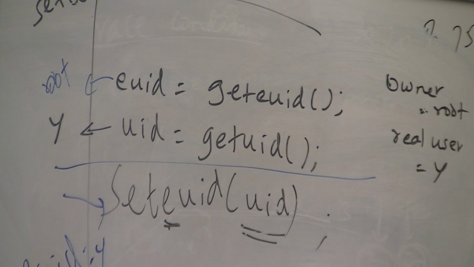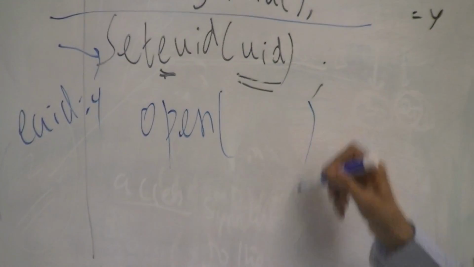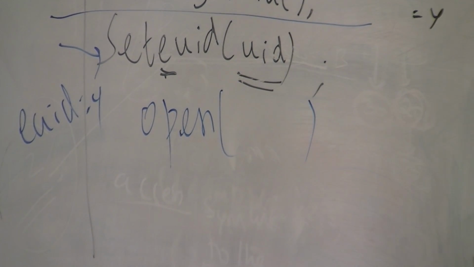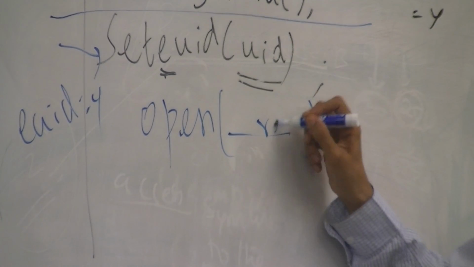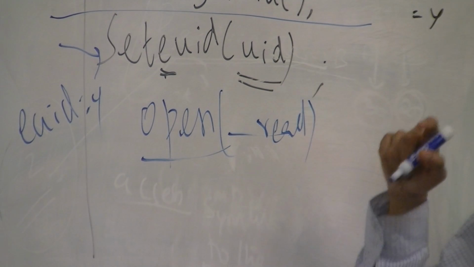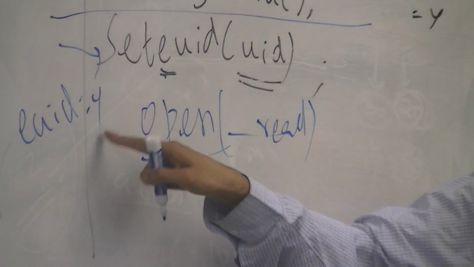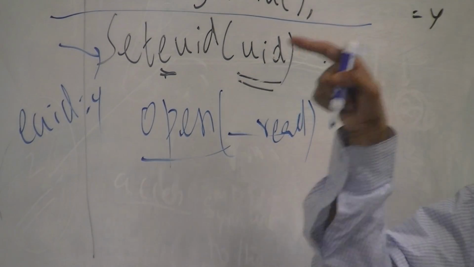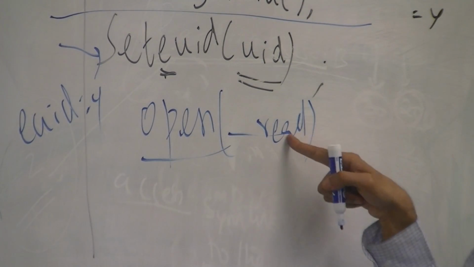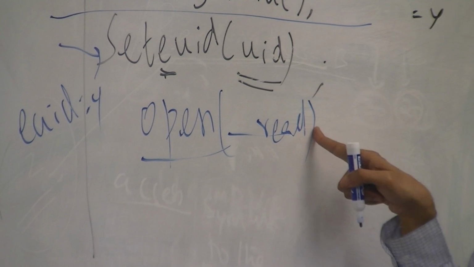Alright? So now you try to open the file. There is no need to use an access function. Now try to open the file and read the file. The open function checks based on effective user ID, you know that. But the effective user ID is now Y. So if only Y can open and read the file, this will be a success.